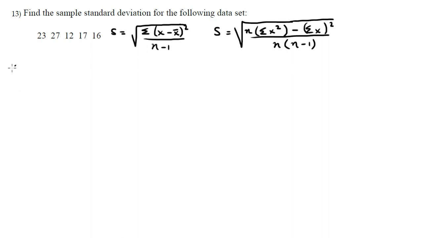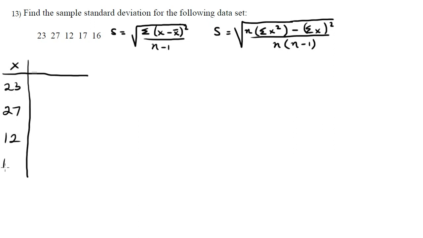Okay. So first we'll show this formula. In my first column I'll put the x values. Just these values here. 23, 27, 12, 17, 16. Okay, so we've got to look at what all the parts of this formula are.